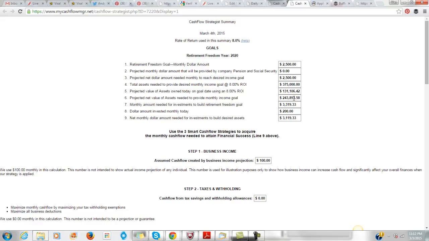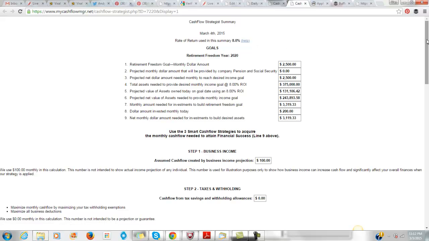I need to have this money set aside, because the total of it is $375,000 right here. This is the total that I would need to have to achieve my $2,500 a month. So with what I already have, I need to make up that difference, and I need to put an additional $243,893.58 into an investment account. And this is all done at a rate of return of 8%.